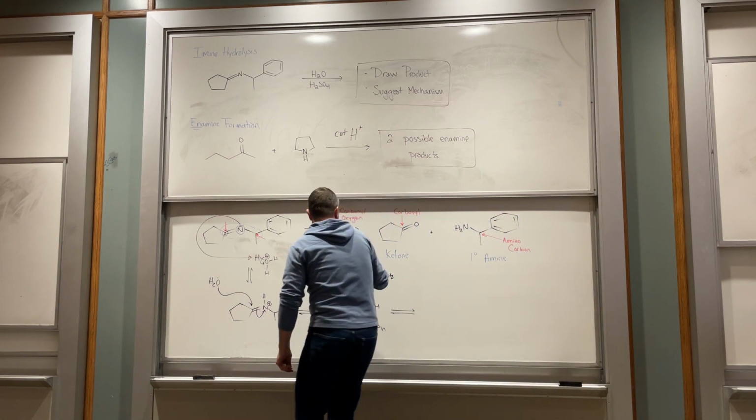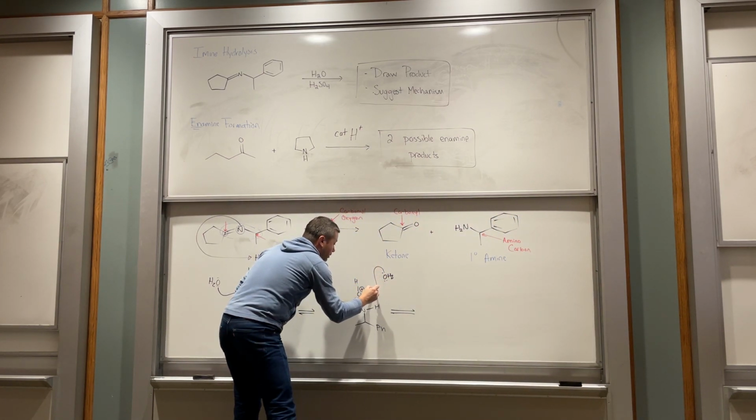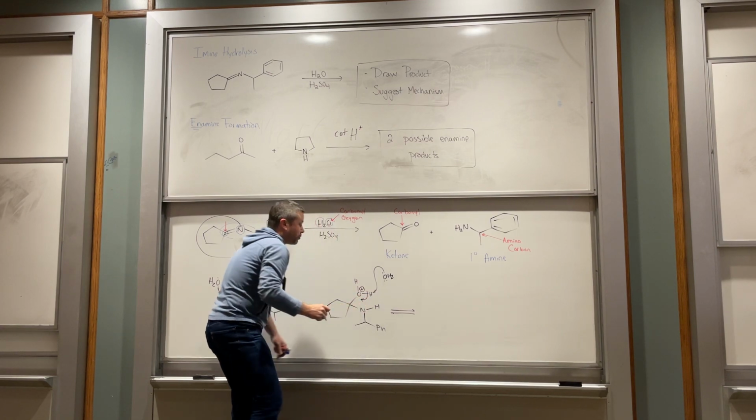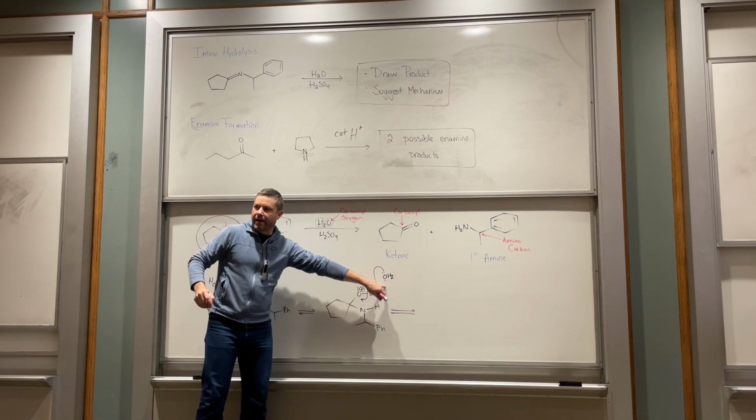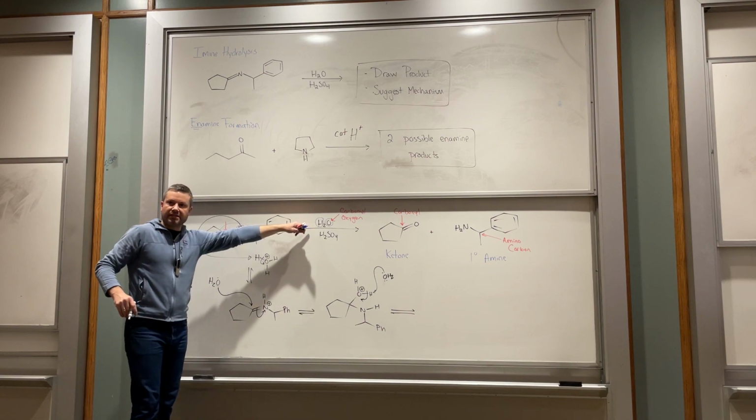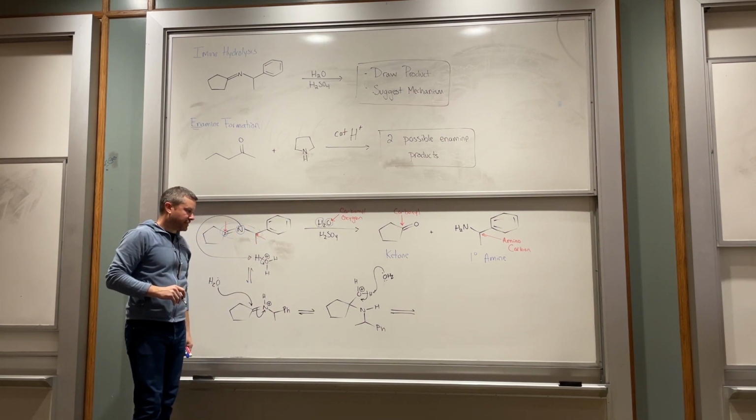So water is in the reaction. Remember, you can't suggest something that's not in the reaction. In this case, water is in the reaction, so we can use it as a base.